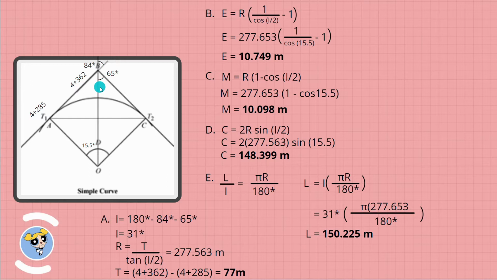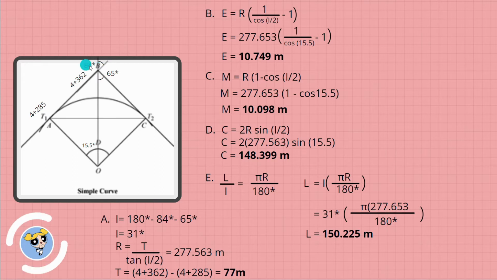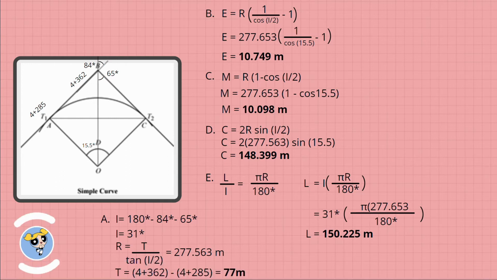So, computing for the central angle, I is equal to 180 degrees, or the whole angle, minus 84 degrees, minus 65 degrees. So we get an answer of 31 degrees for our central angle. If we divide it by half, we get 15.5 degrees.